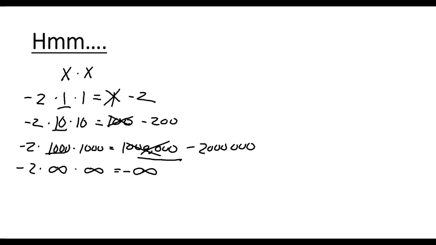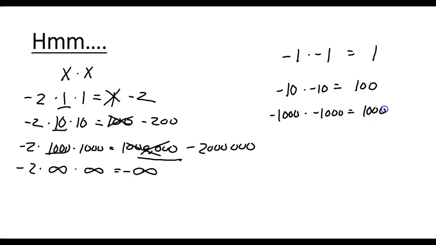So what do you guys think? Well, let's do this first. What's negative 1 times negative 1? Positive one? Yeah. How about negative 10 times negative 10? Okay, so you guys probably see where I'm going with this already. But I'm still going to keep up my process.